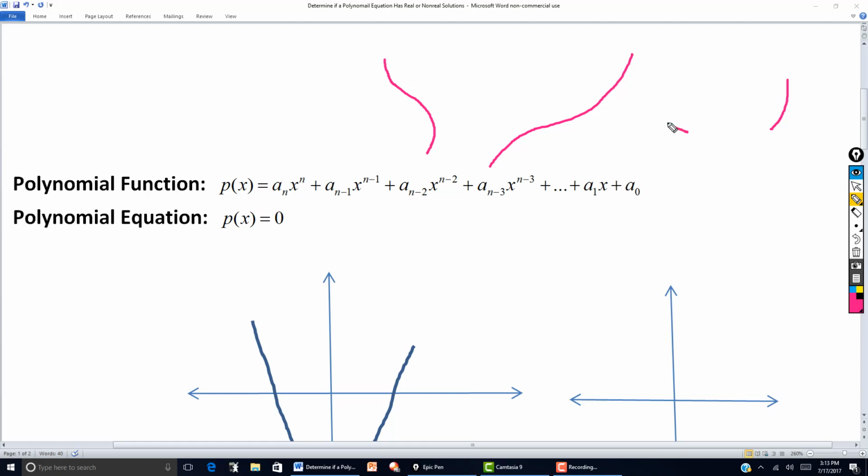The odd goes up at one end, down at the other one, or it could go like this and like this. Where if it's an even exponent, it's going to go up at both ends if the coefficient is positive, or down at both ends if the coefficient is negative, just like we saw with y equals x squared and y equals negative x squared, and so on.